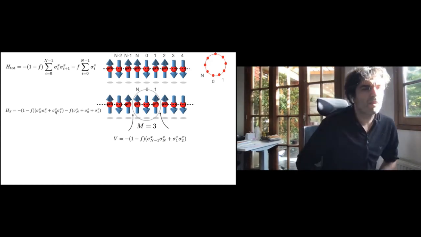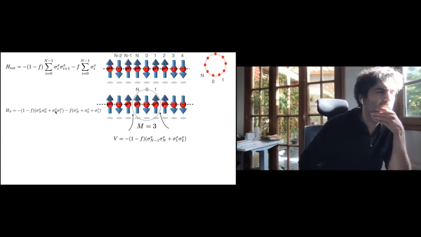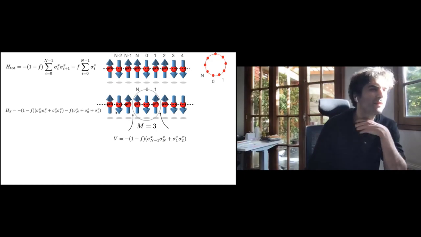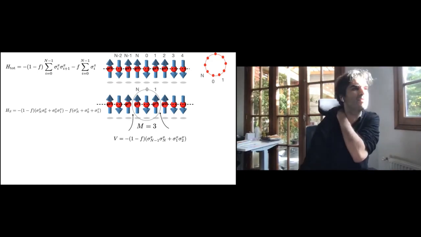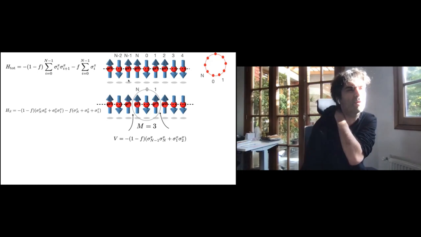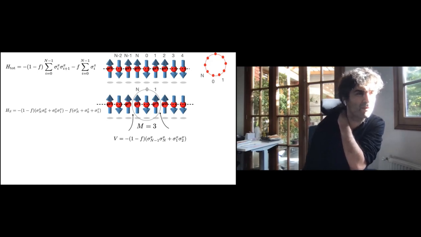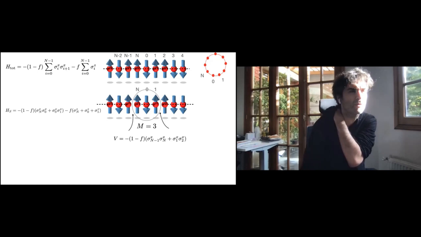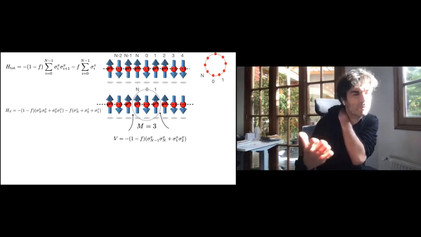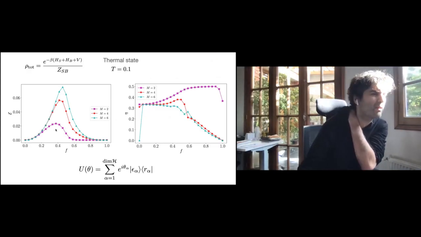Okay, so when we consider this system, first I will show you that if we start from a thermal state for the Ising system, so for the full battery charger system, the reduced state of the battery is active, so there is a positive ergotropy. So this is what this plot shows.